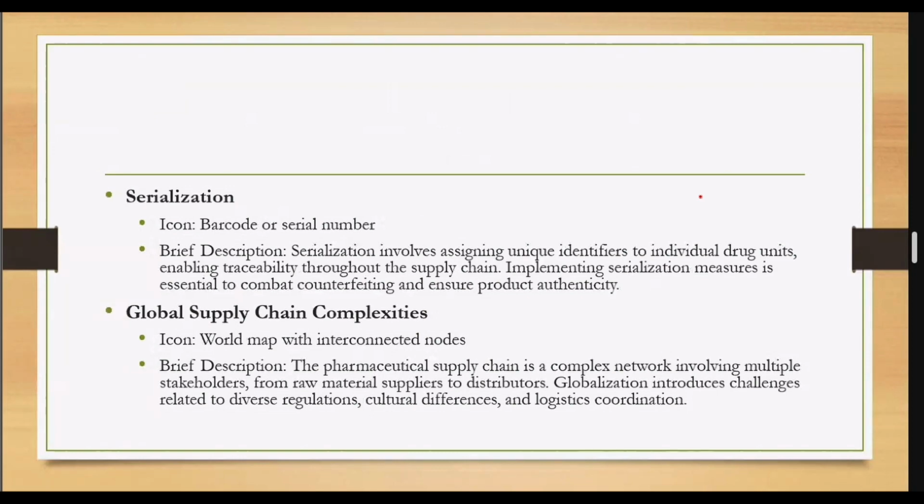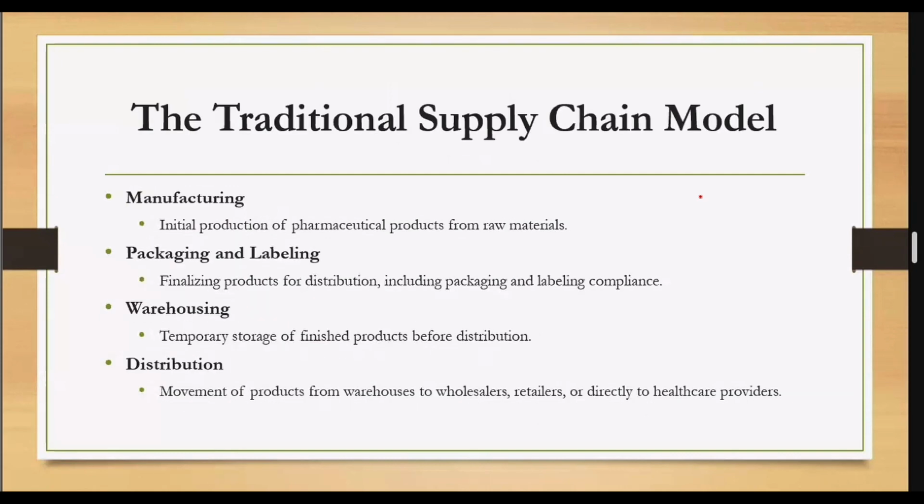Serialization is also important: the barcoding and serial numbers, how you generate them, to identify individual units and trace the products in the supply chain. Then the global supply chain is complex, with suppliers from global companies facing issues during COVID and even in the post-COVID situation. Multiple stakeholders, different suppliers and distributors, made a lot of complexity in the supply chain.